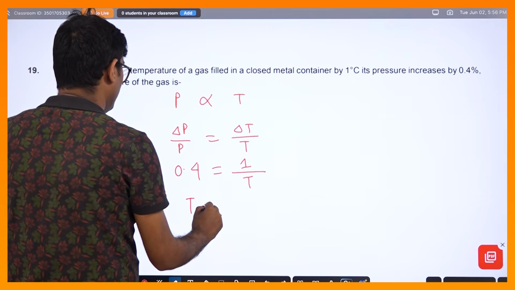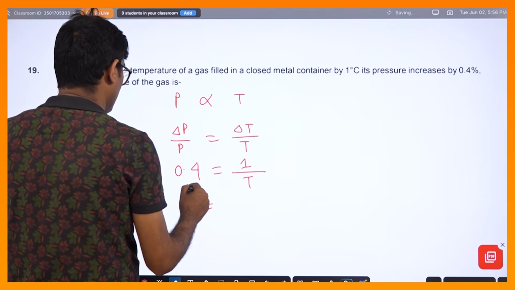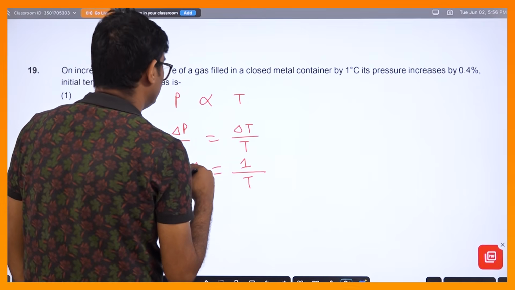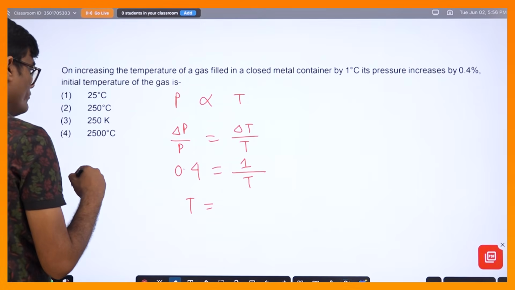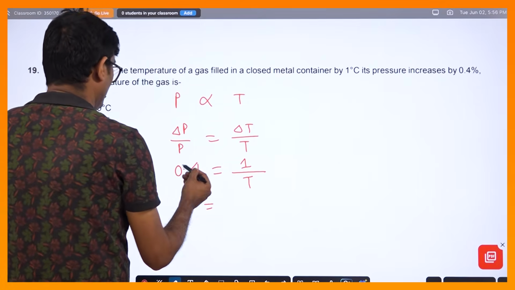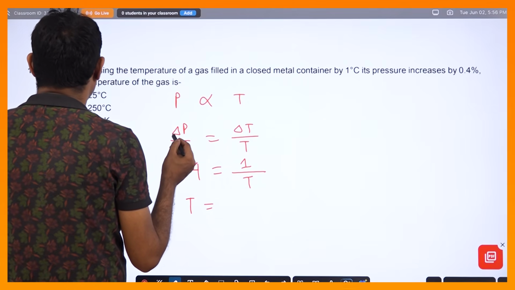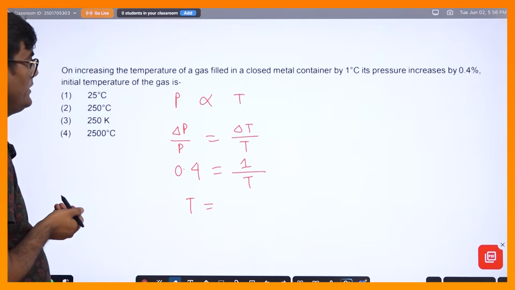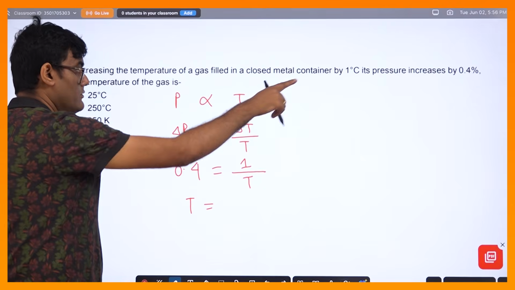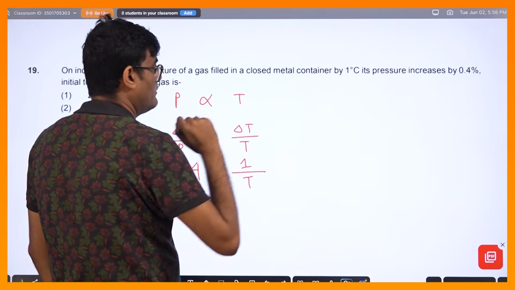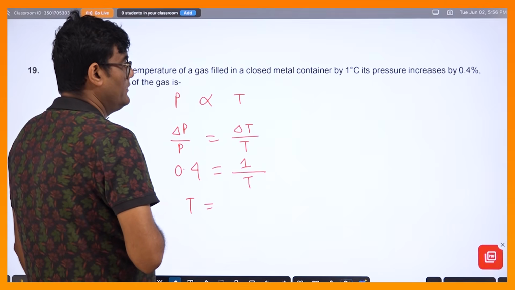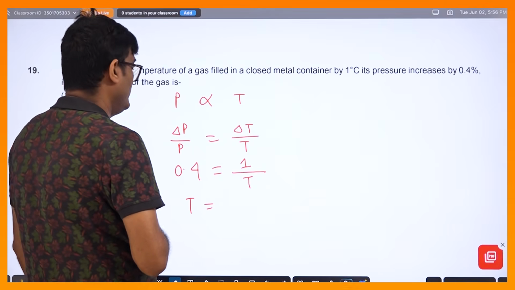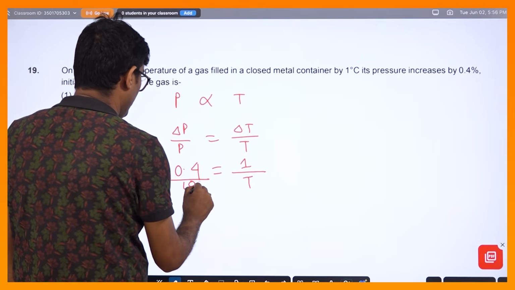So the initial temperature of the gas. The pressure increases by 0.4%. Okay, I have to convert this into a fraction, right? 0.4% means 0.4 by 100.